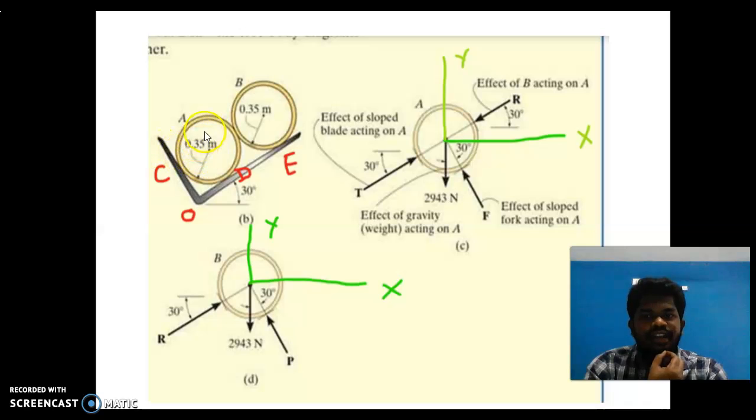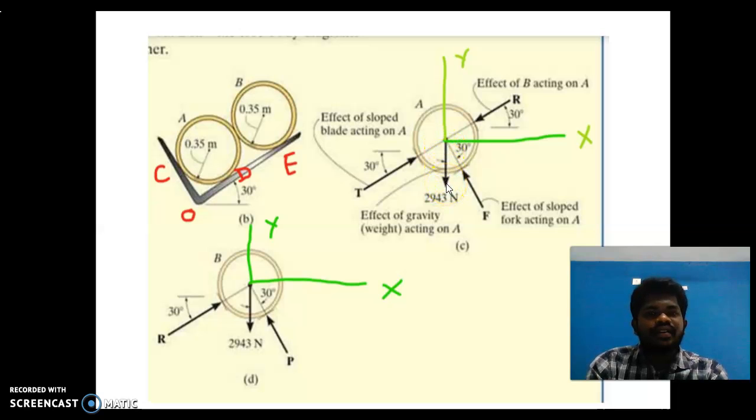Here the weight of the pipe always acts at the center of gravity. So this is the center of gravity point. The weight force always acts vertically downward through the center of gravity.